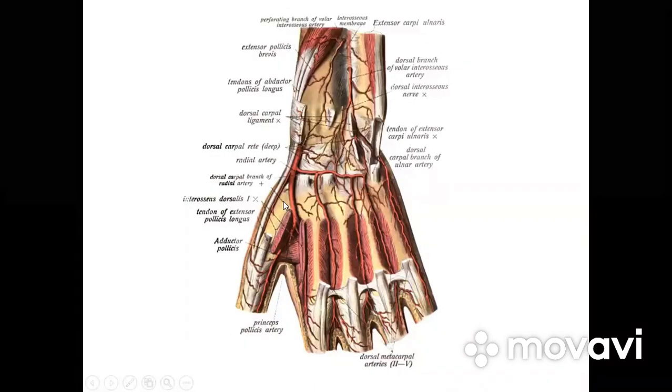The next branch, which begins from the radial artery, is the first dorsal metacarpal artery, arteria metacarpalis dorsalis prima, which divides into three dorsal digital arteries. One of them lies on the radial border of the second finger, and two lie on both borders of the first finger.